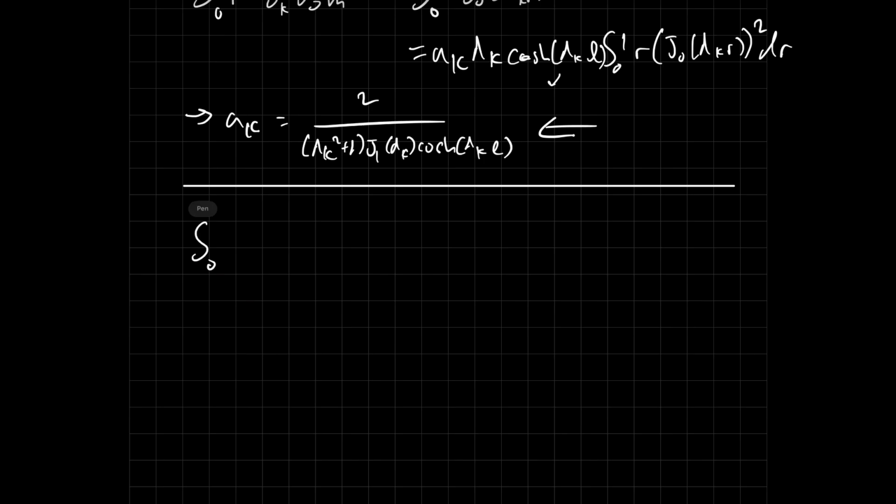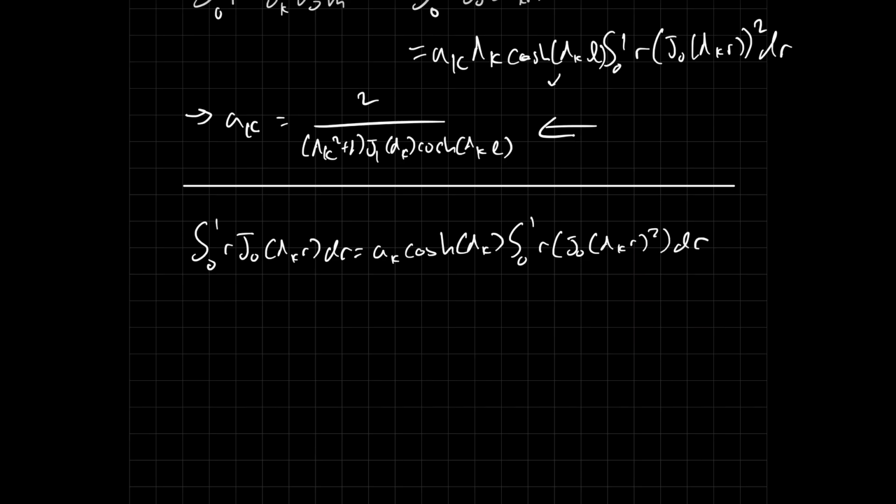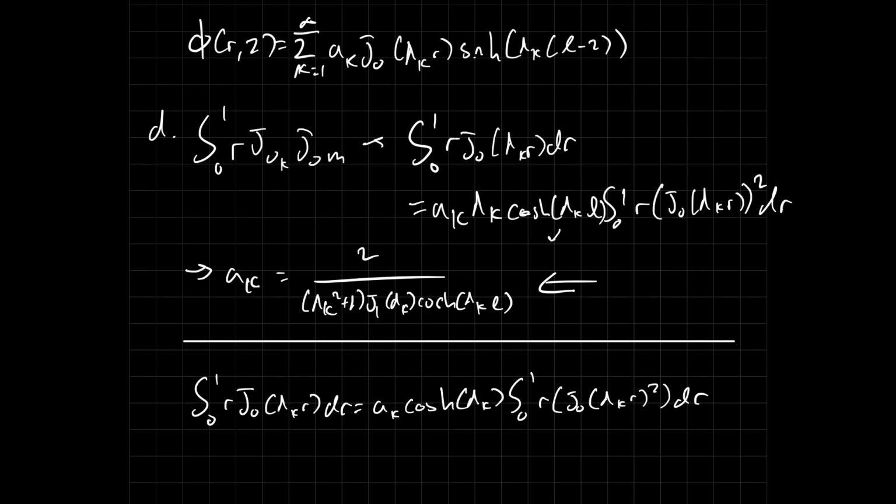We start with knowing that this weight times j lambda k of r dr is going to equal this a_k cosh of this times the integral from 0 to 1 of r j lambda k r squared dr. And this is just because we are simply multiplying the basis by the full set of functions, right? Basically the full solution.